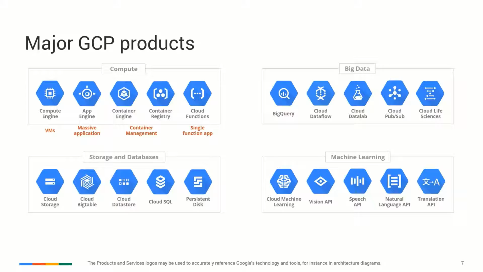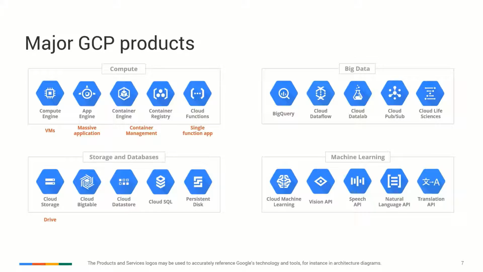Then there is storage and databases. In storage and databases, we have, of course, Google Cloud Storage, which is just a drive to store all kinds of data. We're using it also personally, me and you, but of course here it's in the context of big companies. Big companies are storing their data in big cloud storages.